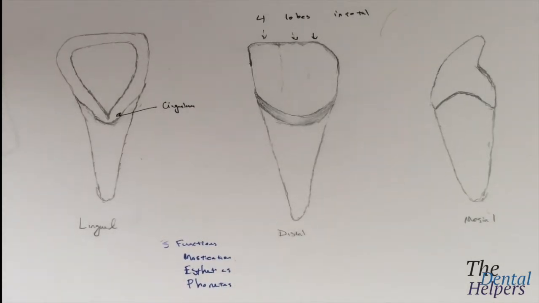Phonetics is one of those things that your professor may or may not say, and it's basically to help you with speech. Aesthetics is just to make sure you have support of your lip and you're maintaining the appearance. A last feature is that it also helps in the guidance of the mandible posteriorly during the final phase of closing. So when you're closing your mouth, it helps in the guidance of your back teeth.